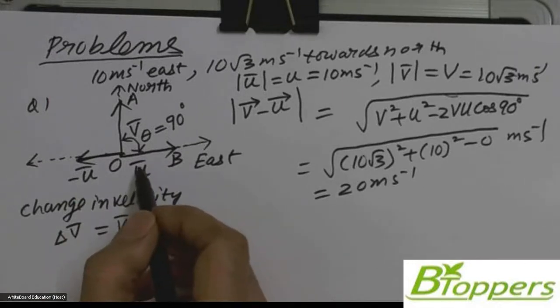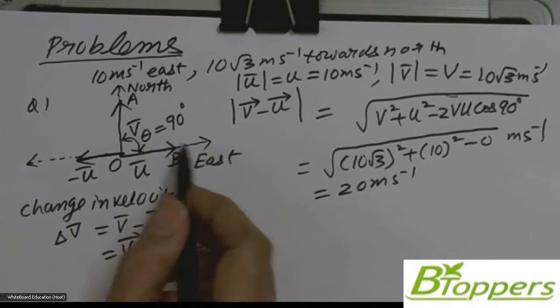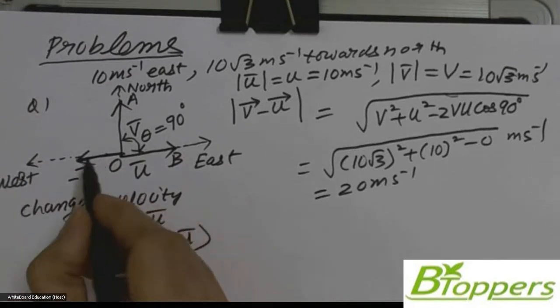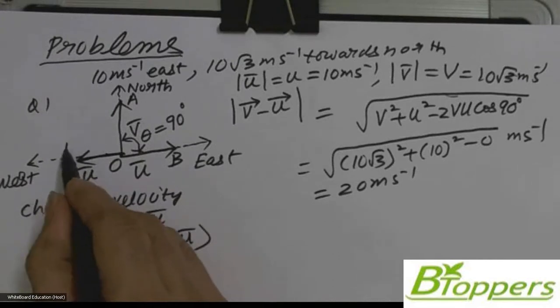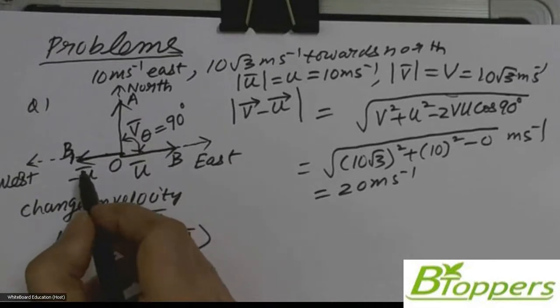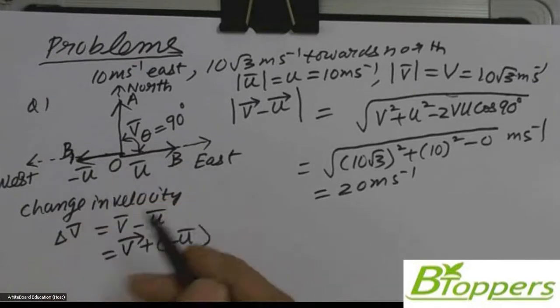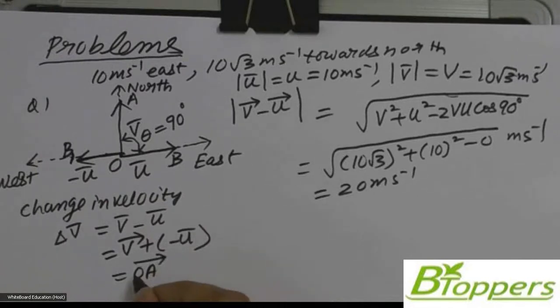The initial velocity vector u bar is directed towards east. Therefore, the vector minus u bar will be directed towards west. That means in this diagram, the directed line segment OB1 bar represents the vector minus u bar. So you can substitute here v bar equal to OA bar and vector minus u bar equal to OB1 bar.